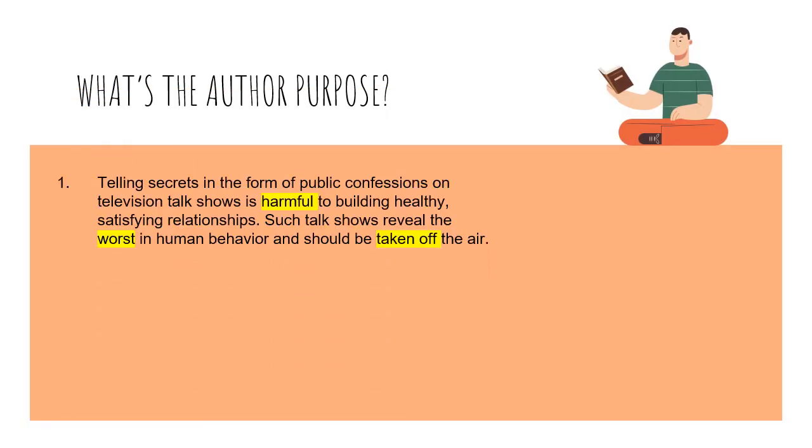Okay, for the first statement, pay attention to the highlighted words here: harmful, and after that, forced and taken off. It is about telling secrets in a talk show. So what do you think about this short paragraph? What's the author's purpose here?